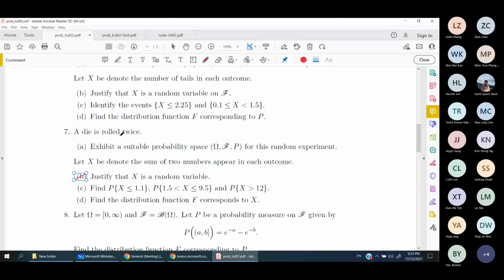I think this is quite straightforward. This is actually a discrete case. So when this is discrete, we can imply X is also discrete. The reason is the domain is discrete, then the image cannot be more than the domain, so it must be discrete as well.